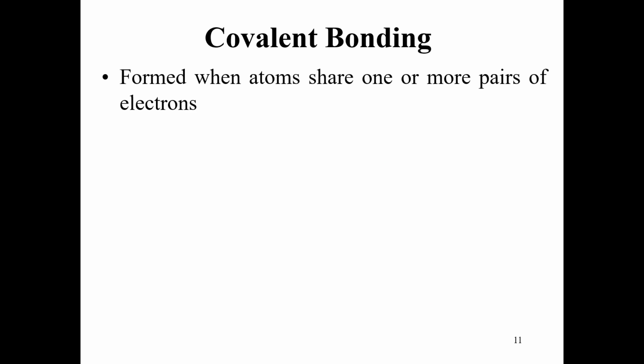Covalent bonding, on the other hand, is formed when atoms share one or more pairs of electrons. How does this differ from ionic bonding? From ionic, there is movement. It means that the electron moves from atom to atom.